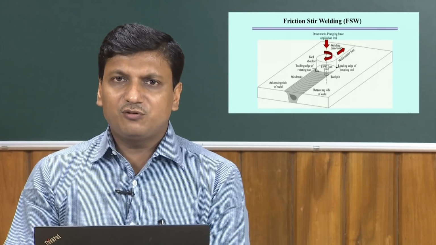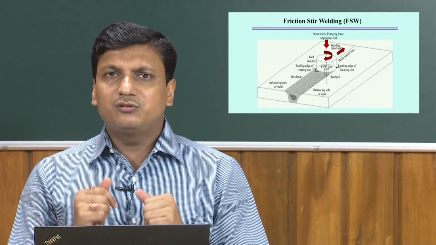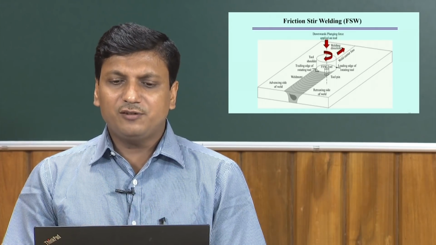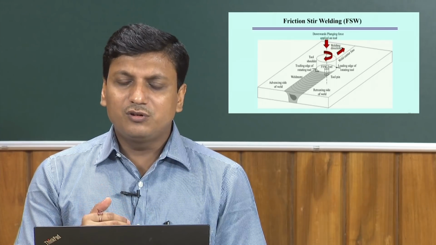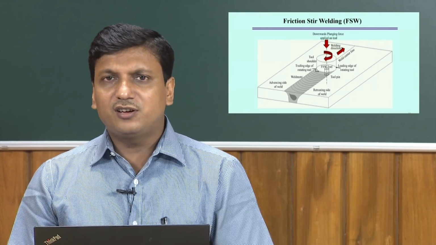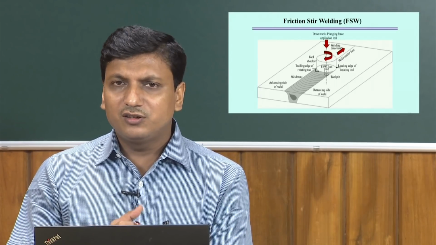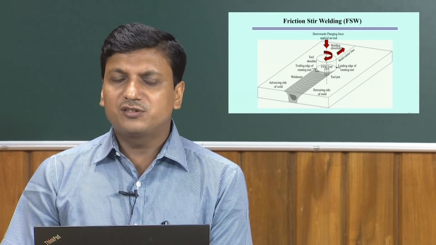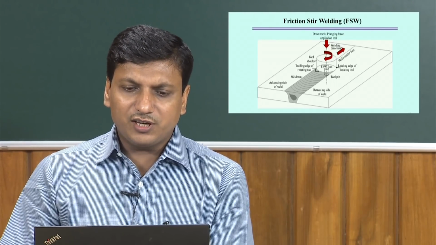But here, if you see, there is a weld center line, that is the interface between the two workpieces or two substrate materials, and there is a welding direction, which is the direction the rotating tool moves. Normally the rotational speed is very high as compared to the welding speed in this process. There are two things.